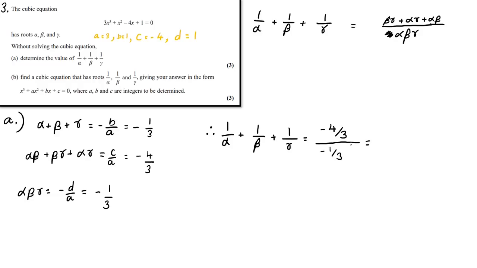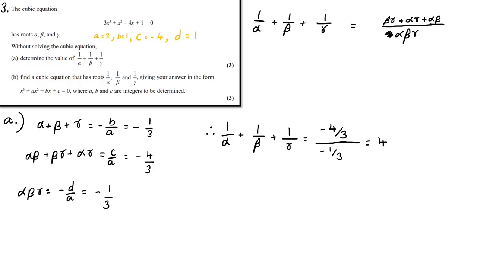Well, it's a negative number divided by another negative number, so the negatives will cancel. So what I've got here essentially is 4 over 3 divided by 1 over 3, and that just simply gives us 4. Okay, so we get 4. And there we have it. So that's the first 3 marks for the value of 1 over alpha plus 1 over beta plus 1 over gamma.